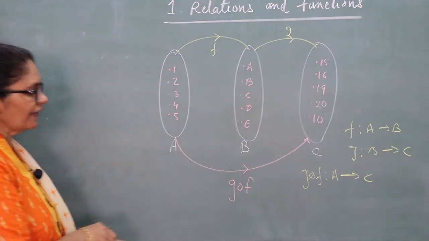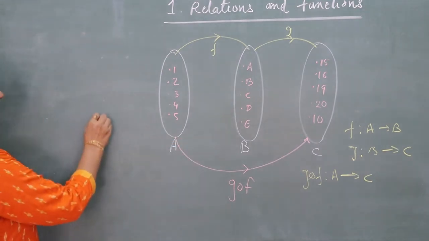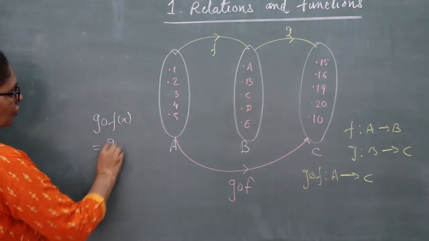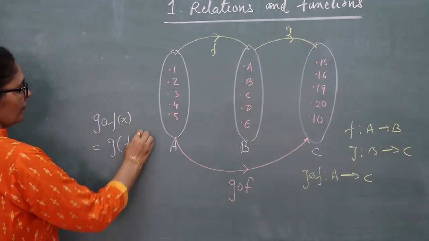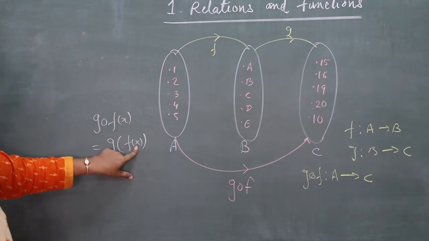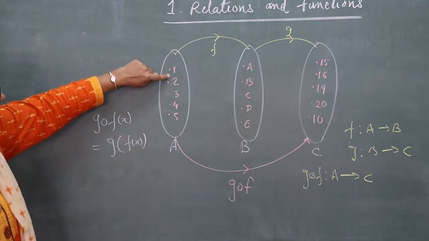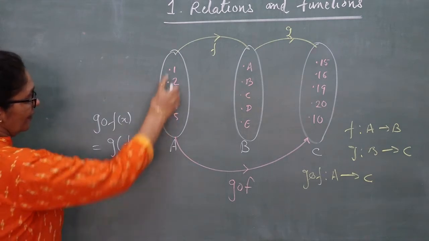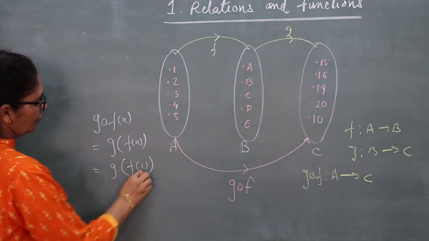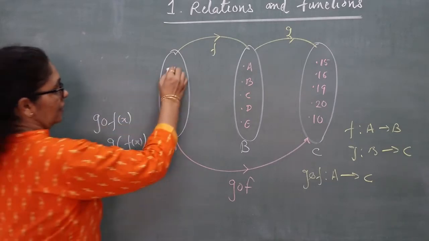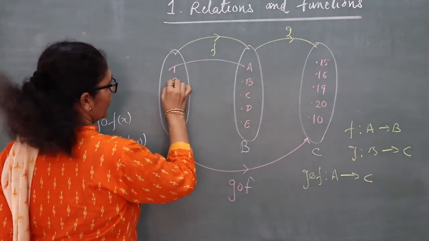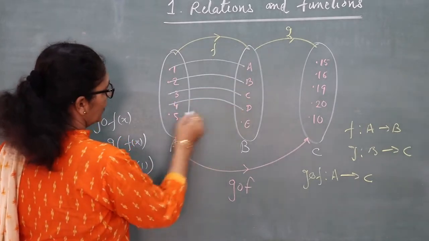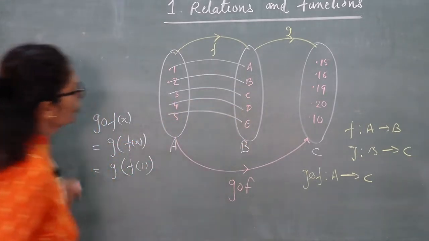How can we write this composition of functions? I can write g over f of x, that means g of f of x. In x, which is in f, the domain of f, you can write that element. If I write the first element 1, with 1 which is assigned? A. With 2 B. This way we have assigned all names to roll numbers.